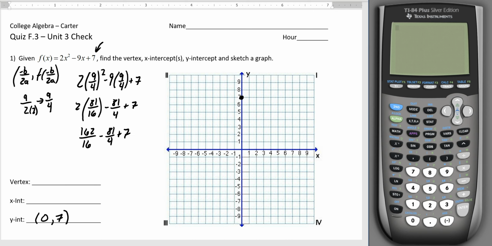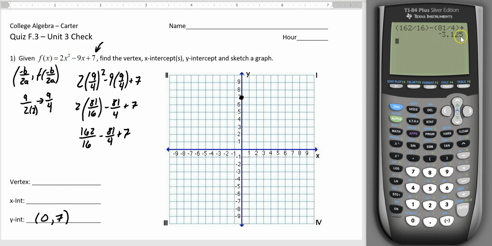Now, if you want to give your answer as a fraction, that's fine, but the idea that you have to do it all as a fraction isn't true. So I'm going to use my calculator. So 162 divided by 16 minus, parentheses, 81 divided by 4, close parentheses, and then plus 7, enter.